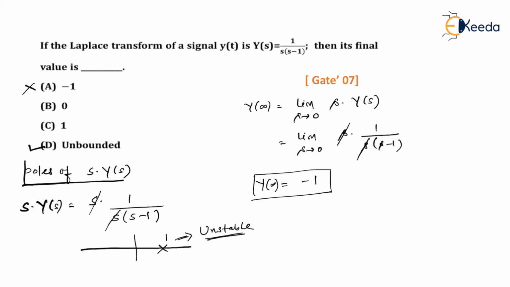And still, if you don't understand why it is unbounded, I'll give you one more try. I'll take this Y of s, which is 1 upon s into s minus 1, and go for a traditional approach, so I'll try to take the inverse Laplace.